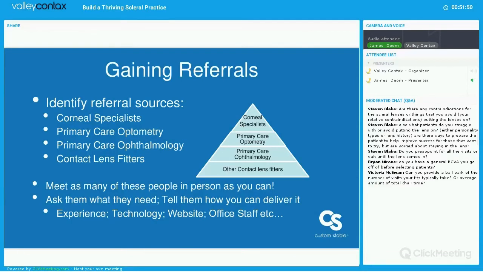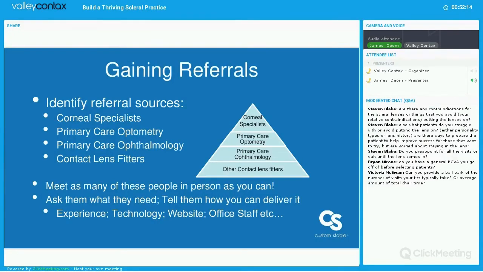One doc and I keep batting back and forth about trying to get a time to do that. But I think probably what that does is it allows the doctor to know that you're not there in a disingenuous way. You're definitely there to try and help better the patients in that community. And whether or not they want to co-manage the patient with you or whether they want to learn about it too, you're just trying to bring that education to them.